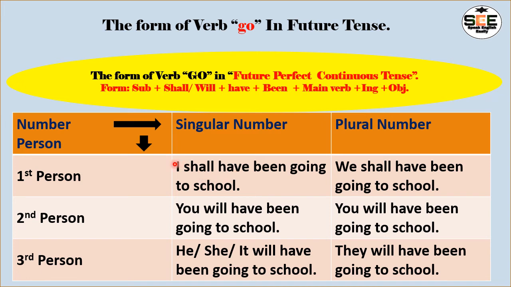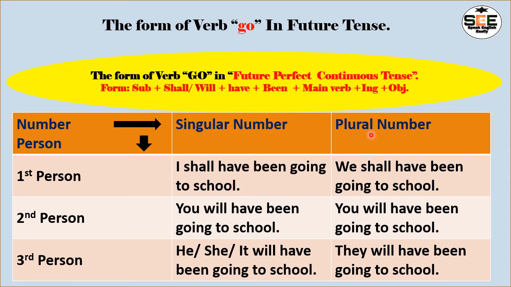Here I is the subject and shall is the helping verb of future, and have is the helping verb as well, and been is the past participle form of be verb, and go is the main verb plus ing, plus school is the object. That means I shall have been going to school.